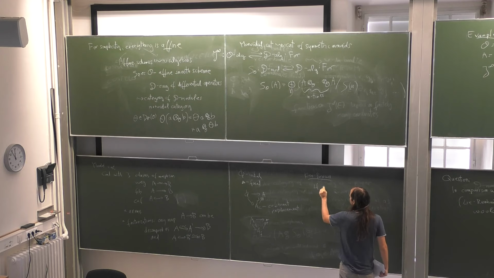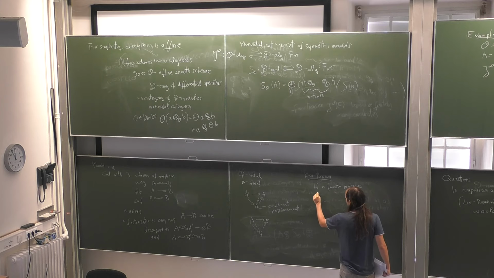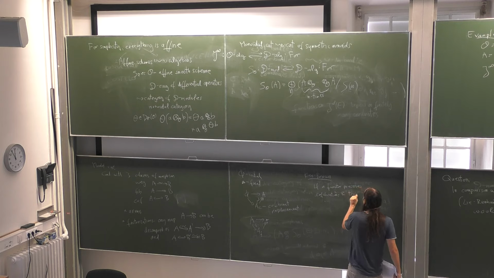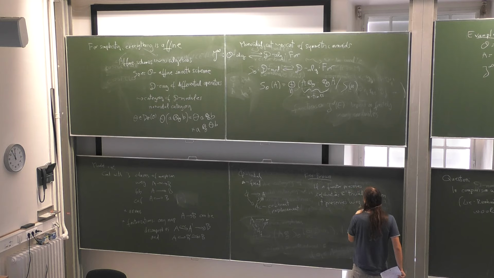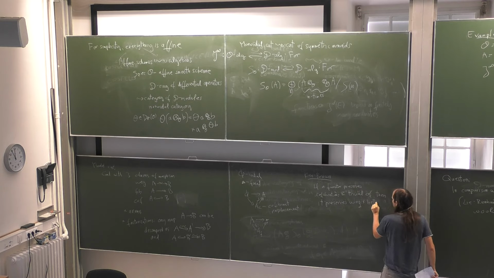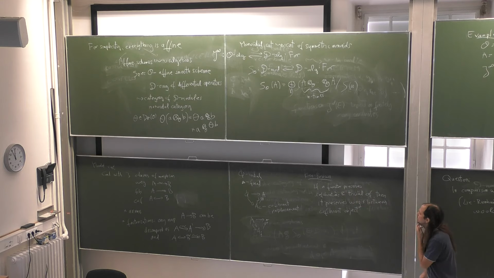So if a functor preserves cofibrations and trivial cofibrations, then it preserves weak equivalences between cofibrant objects. And then you have the notion of Quillen adjunction.